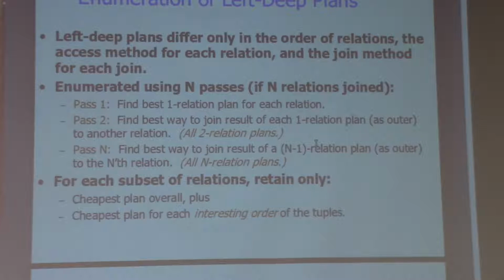In round 1, you consider them separately, independently from others, and you look at: for this relation, what is the best way to execute my one-relation operation on this table? By one-relation operation, I mean pretty much selection and projection. And where do those selections and projections come from?